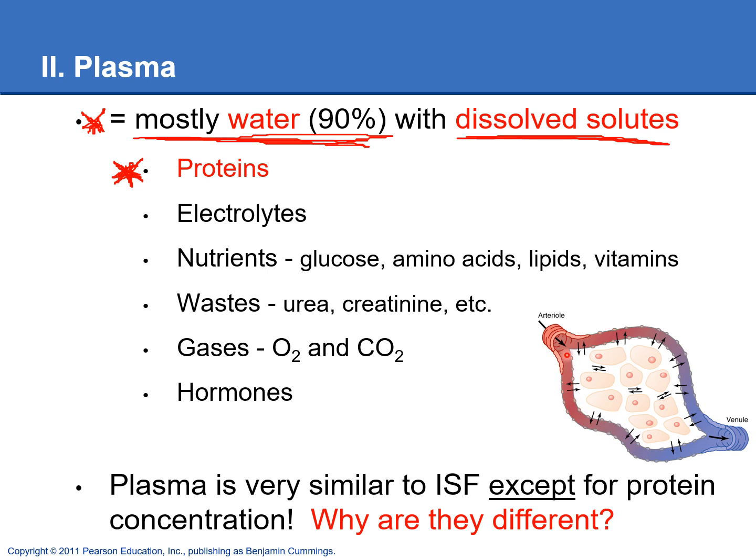So the plasma proteins will stay inside the blood in the capillary, but they really don't move out into the interstitial fluid. And the reason for that is that the holes in the capillary walls are too small for the plasma proteins to fit through. And so those plasma proteins just remain inside the blood, and they don't move out into the tissues. So that's why the plasma and the interstitial fluid are going to be different in their protein concentrations.